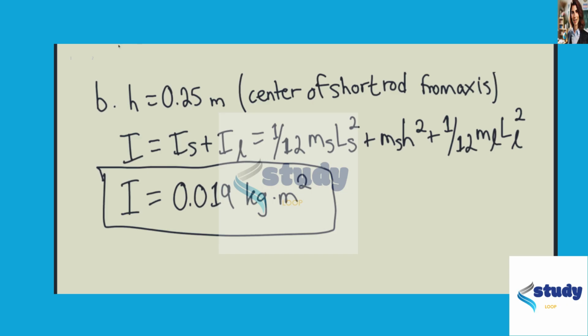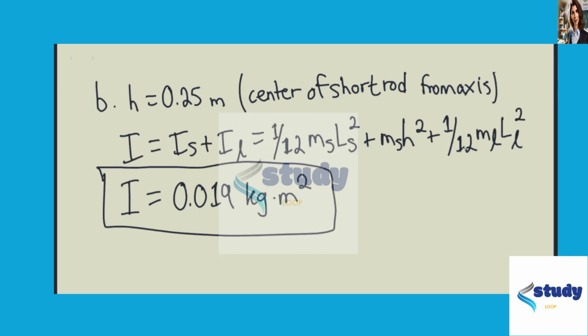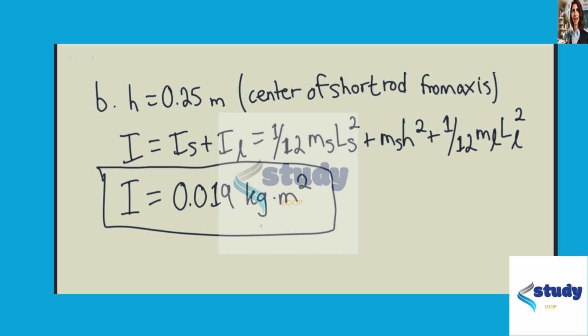So instead of using a coefficient of 1/3 for the long rod, we use a coefficient of 1/12, and then we add the mass of the short rod times h squared. Again, either way, we're going to come to the same answer. Again, the moment of inertia, 0.019 kilogram meter squared. That is the end of the solution.